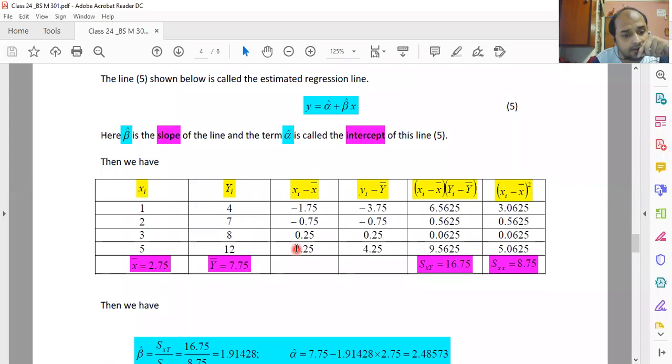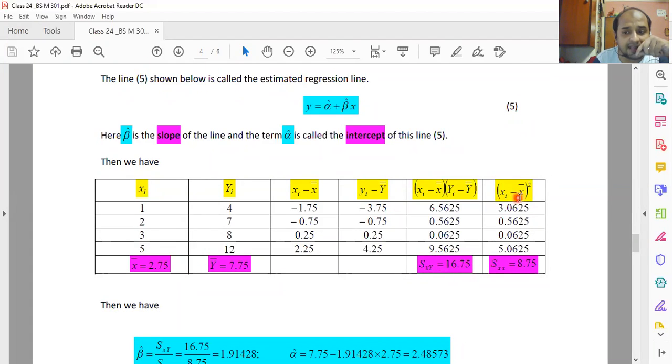I have taken the difference of this mean from each of the points of x, which is denoted by xi minus x bar, and I have subtracted the mean of y from each point capital Y. Then I have multiplied these two terms and we got this column. We need the summation of this column, so I have got the summation as 16.75.